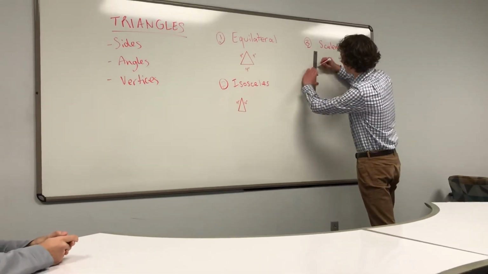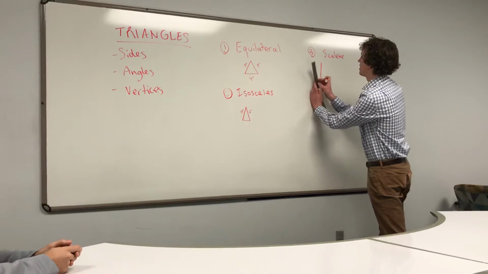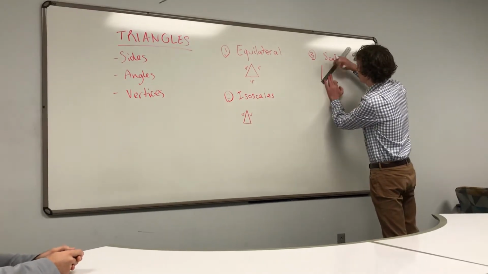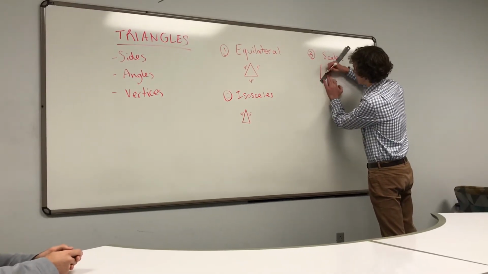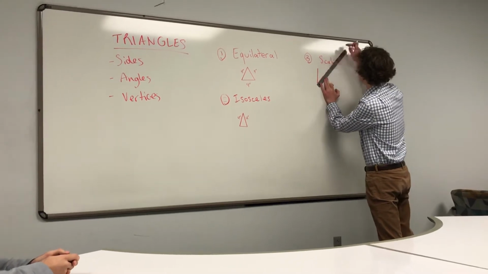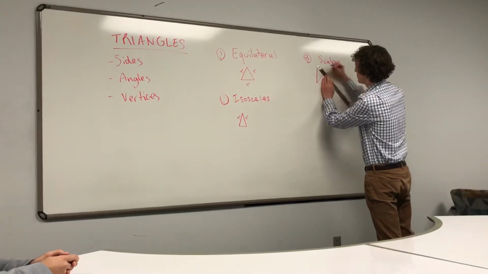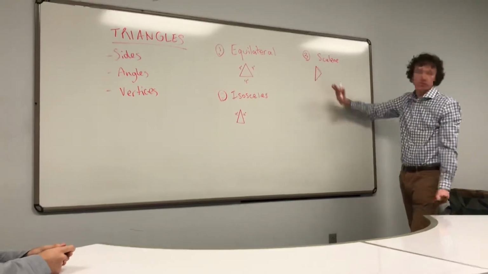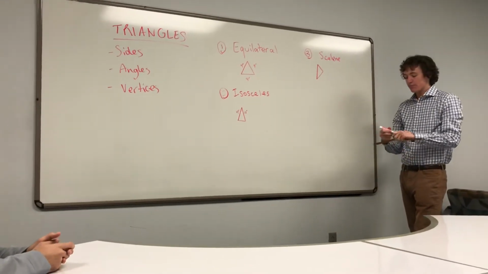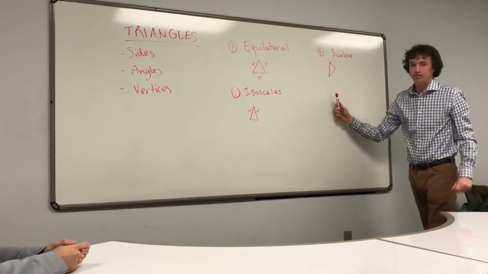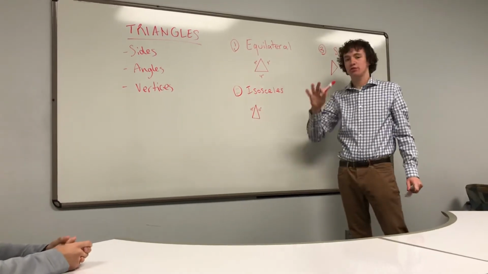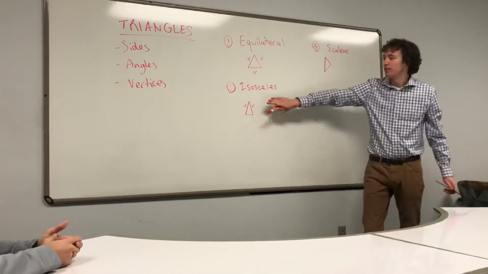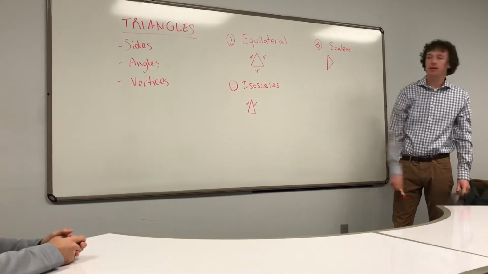It can be like one really big side, one sort of medium length side, and then a shorter side. And like this one, none of the sides are the same length. So these are the 3 kinds of triangles we have: equilateral, isosceles, and scalene.